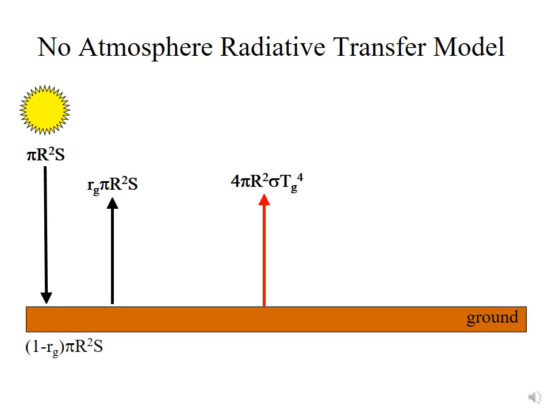So we have our incoming radiation, pi r squared S. You have your absorption at the ground, which is 1 minus Rg times pi r squared S. You have the reflectivity off the ground, Rg pi r squared S. And you have your long-wave radiation, emitted from the ground as 4 pi r squared sigma Tg to the 4th.